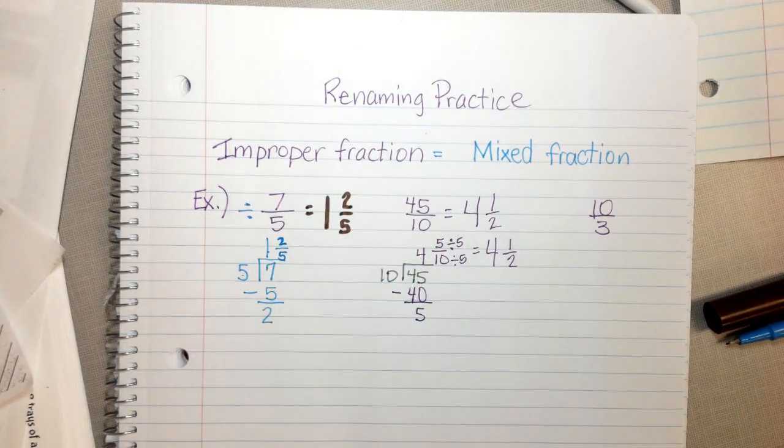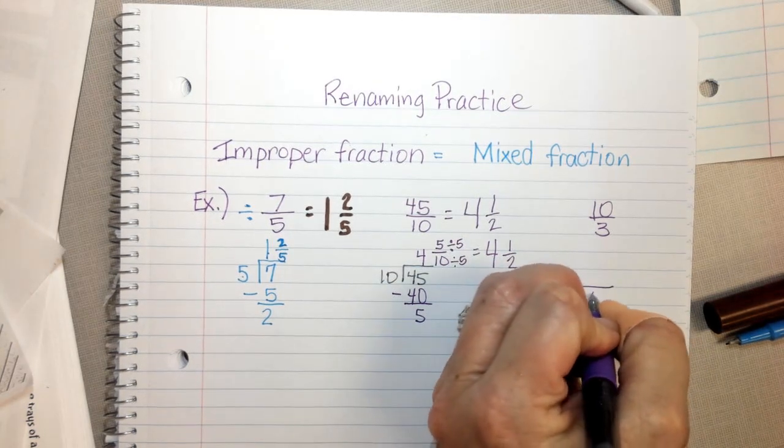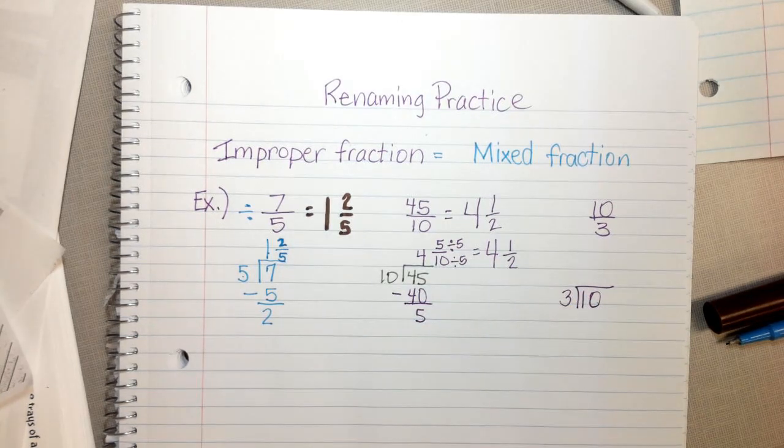Looking at 10/3, what did you get here? When you take the number 10 and you divide by 3, what did you get, Jose? 3.